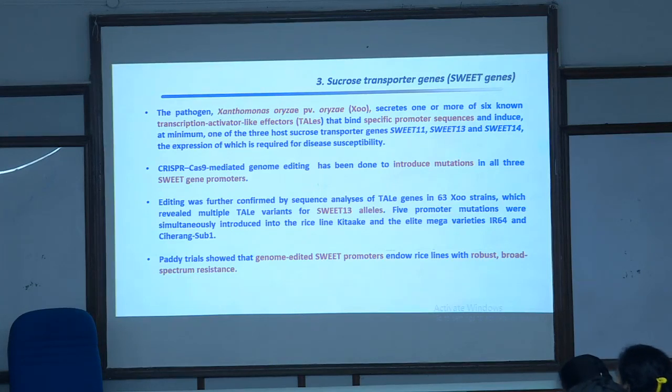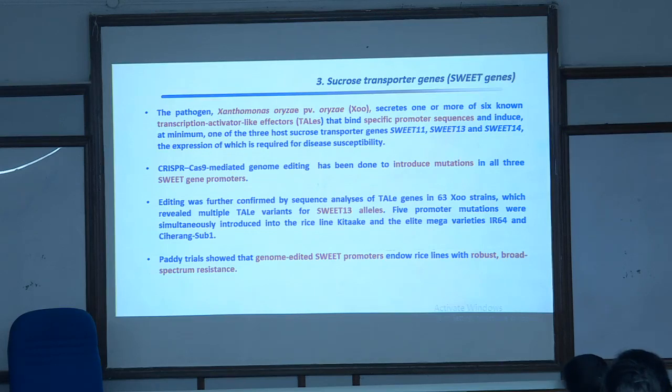So I'll take you through a few slides on this success story in rice. In rice, there is a group of plant genes that help the pathogen to sustain ETS. In the process, the symptom appears, and those genes are called SWEET genes, right? The pathogen Xanthomonas oryzae pv. oryzae secretes one or more of 6 known transcription activator-like effectors, called TALEs. This TALE has a very specific target in the host genome.